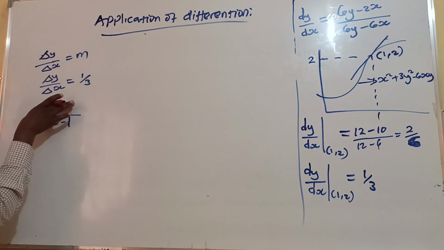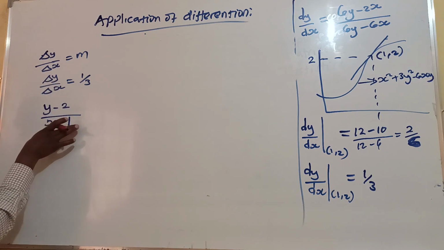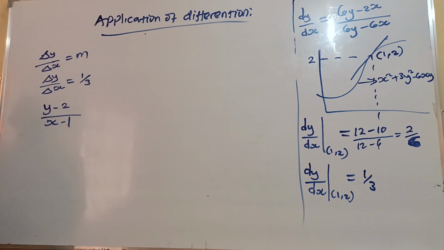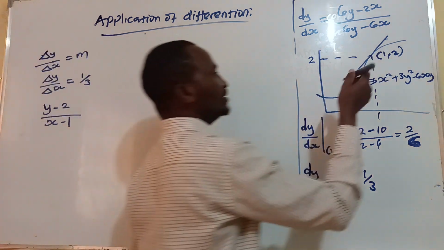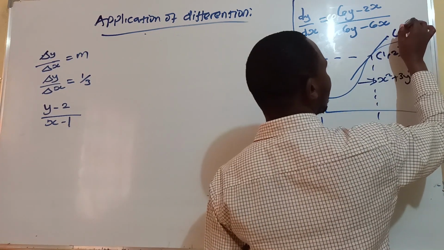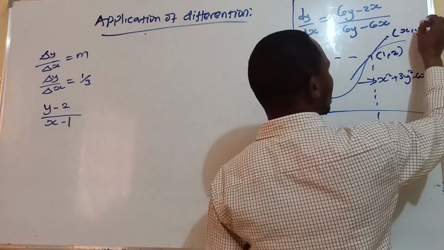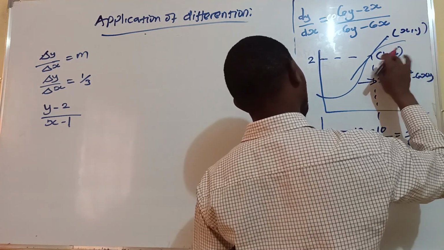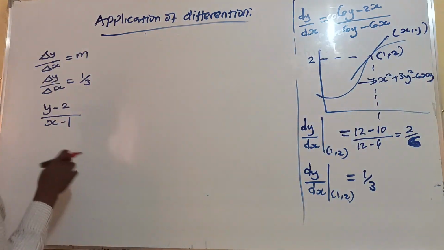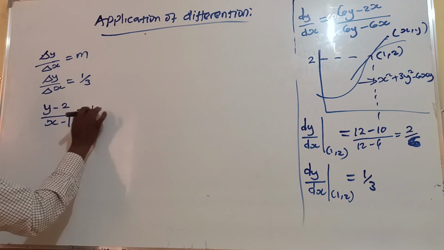This is the change in y, this is the change in x. Remember, we have used a general point, any point on the line, anywhere, point (x, y). So we are using point (x, y) and (1, 2) to get the equation of the line. So this is equal to the gradient, which is equal to that.